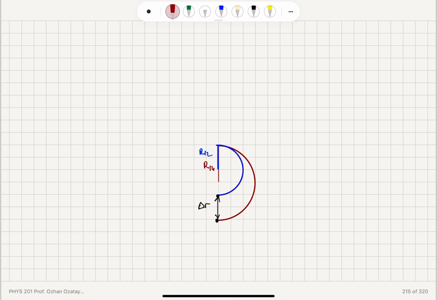Alright, so now in part C, I have a mixture of carbon-12 and carbon-14 ions, two different isotopes.